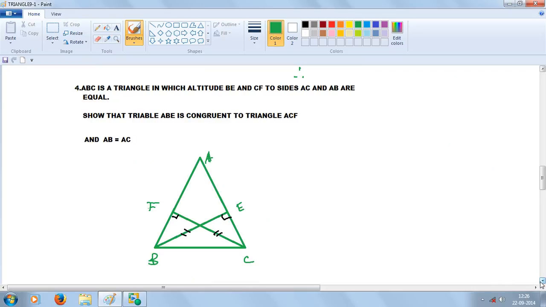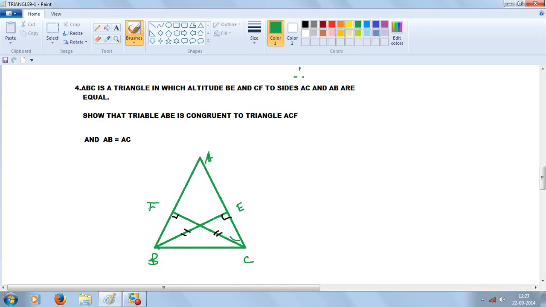ABC is a triangle in which altitudes BE and CF, two sides AC and AB are equal. So just draw any triangle ABC with altitude BE.